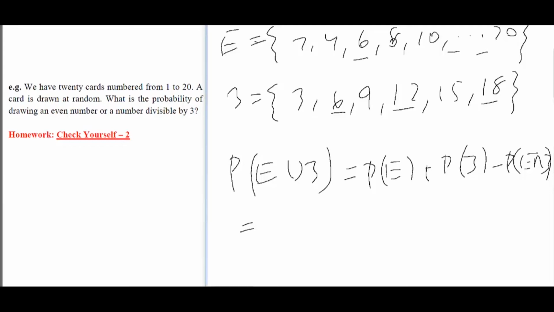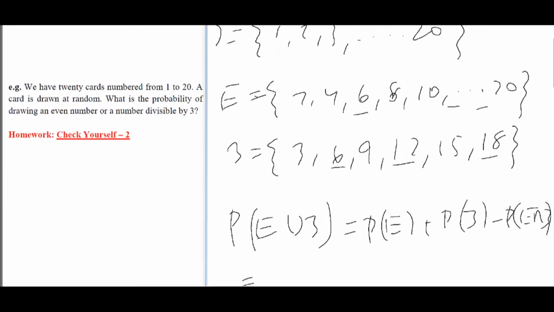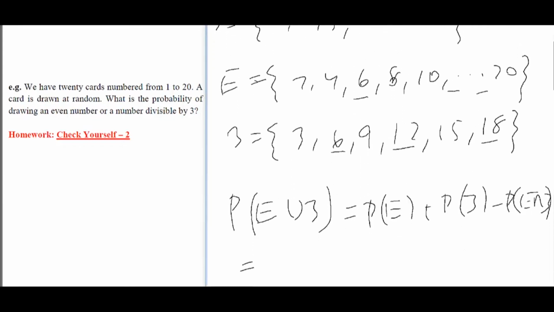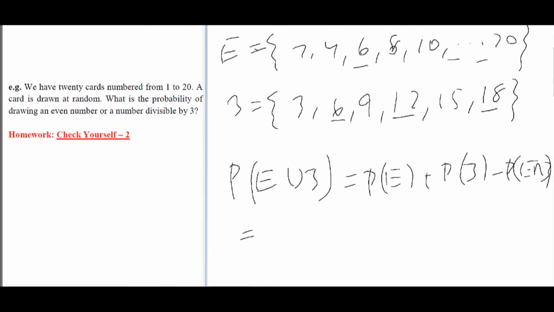So first of all, the probability of E: how many numbers are there in E? 10 over the number of sample space. What's the number of sample space? 20. Plus multiples of 3, or the numbers which are divisible by 3, are 6 over 20, minus the elements which are common between the even numbers and the multiples of 3, which are 3 over 20.